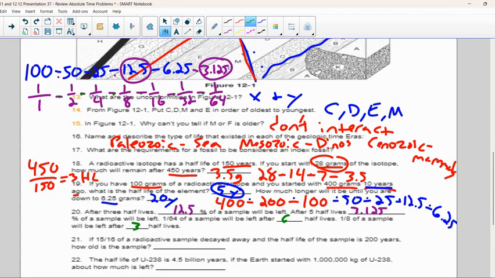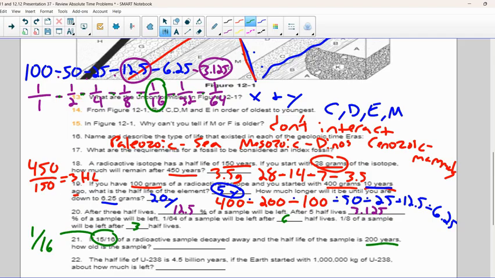If 15/16 is gone, and the sample is 200 years old, how old is the sample? Well, if 15/16 are gone, that means you still have 1/16. And if I come up here, 1/16 is right here, and that would be 1, 2, 3, 4 half-lives.